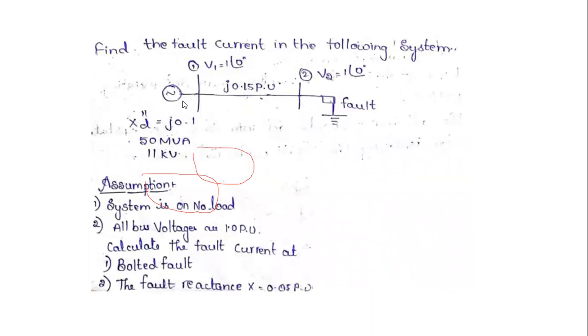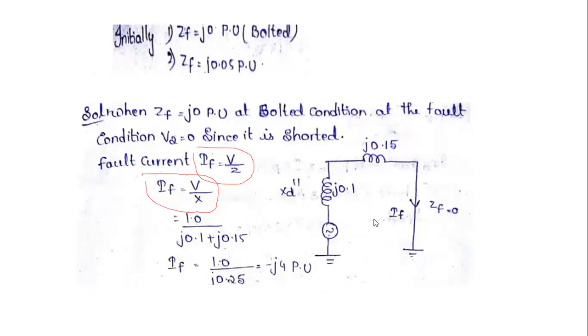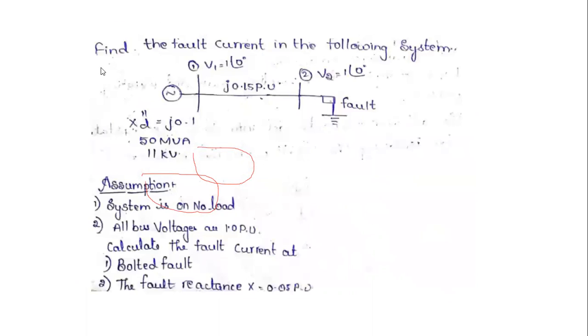First we draw the per unit reactance diagram by using this single line diagram. This is the generator, this is the transmission line, and this is the fault.